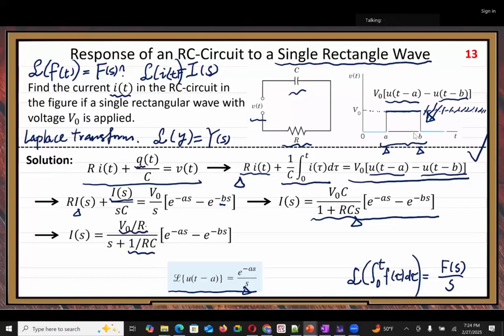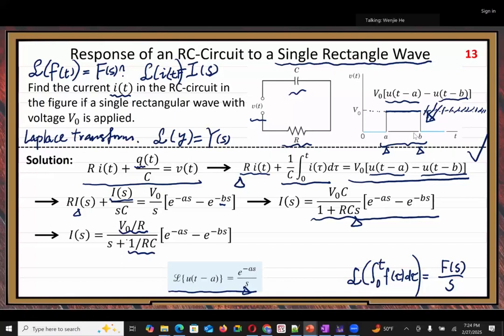In that way you can treat s plus a constant as a shift operation. So you need to apply the first shifting theorem.